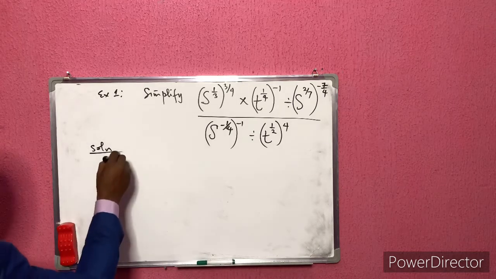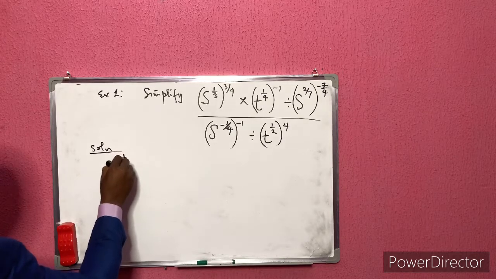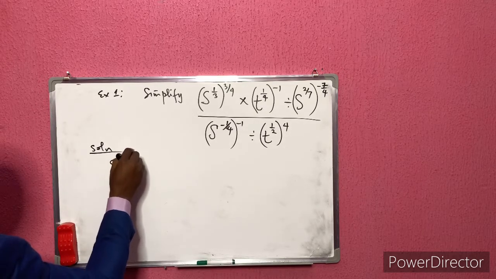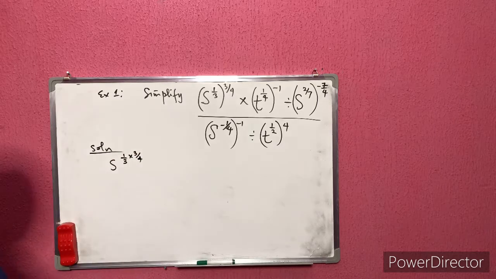Now, x raised to the power 1 over 3 multiplied by 3 over 4. That is this.